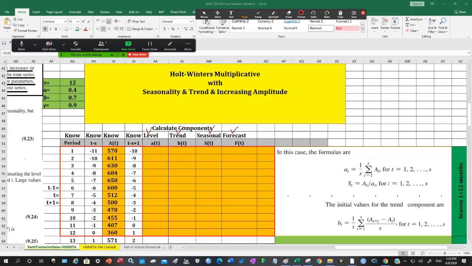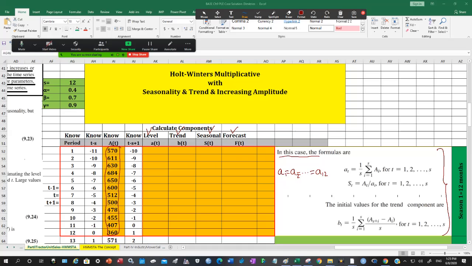For the first season, this says that A1 will be equal to A2 will be equal to ... will be equal to A12. You find this by finding the average of the 12 actuals for the first season.